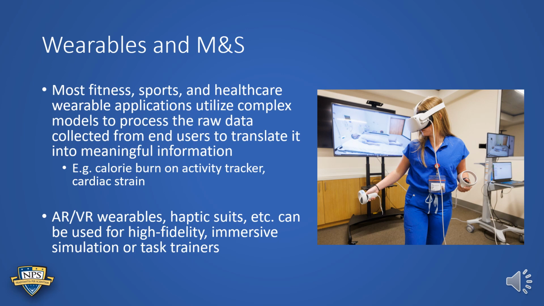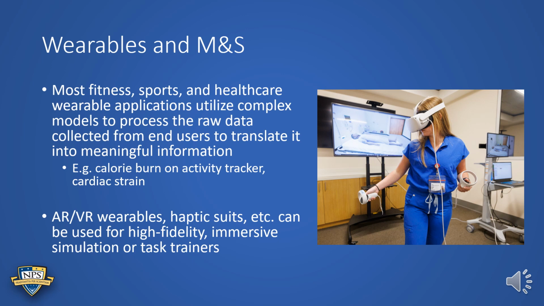So how do wearables relate to modeling and simulation? Most fitness, sports, and healthcare wearable applications utilize complex models to process the raw data that it collects from us, the end users, to translate it into meaningful information that we can use from the wearable. For example, the calorie burn on an activity tracker. It takes your raw data of movements or heart rate, and then it uses a model to calculate a calorie burn.